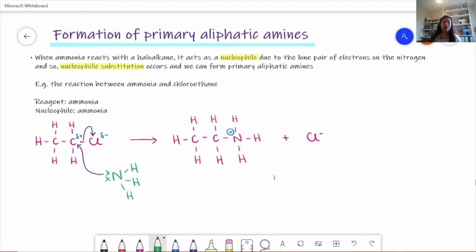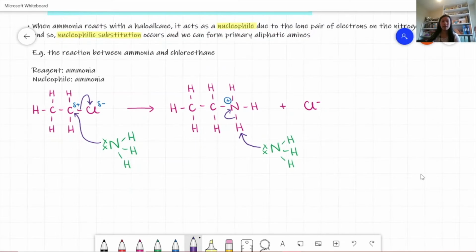Here we have the second ammonia, again with the 2 electrons ready to form a covalent bond. It attacks this hydrogen, which is attached to the positive nitrogen. Then these electrons from this covalent bond move towards the positive nitrogen. And so now we can form the primary aliphatic amine.